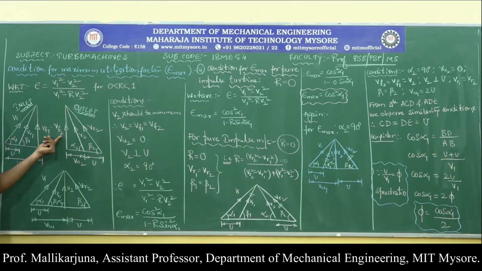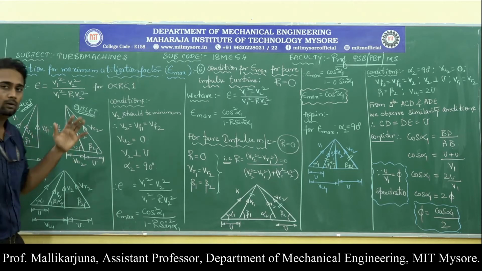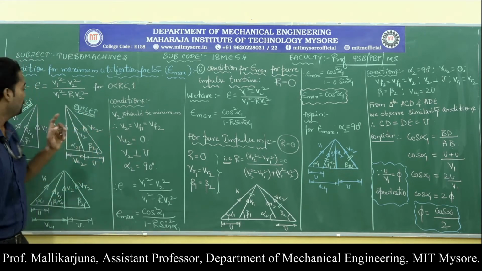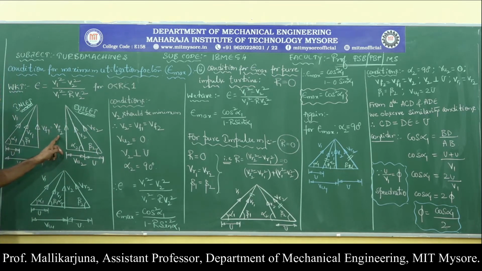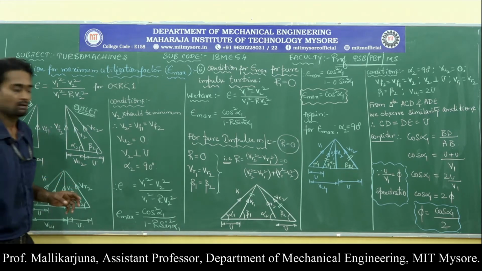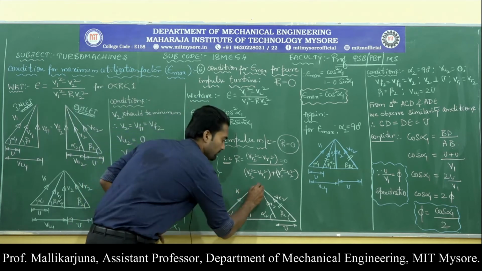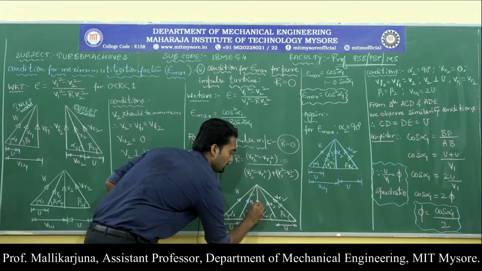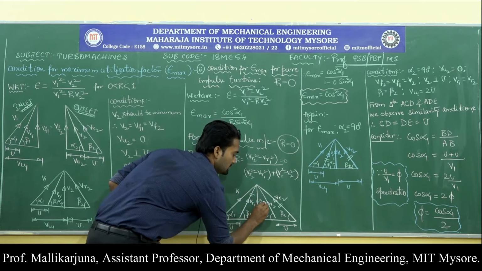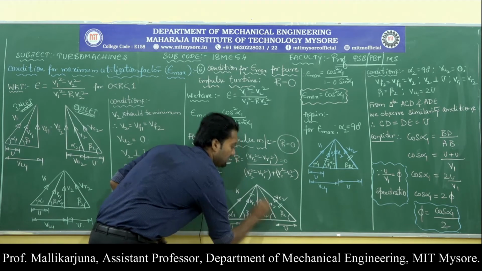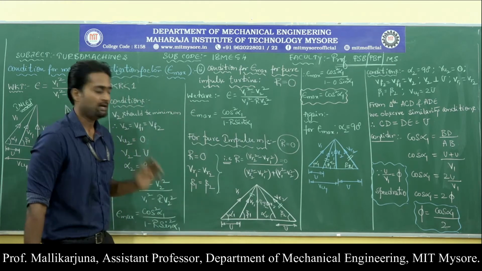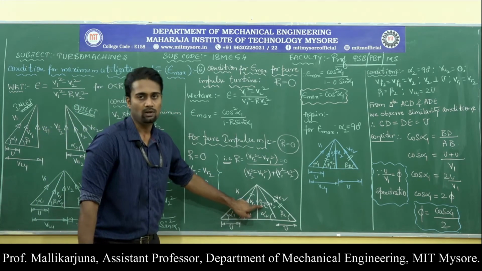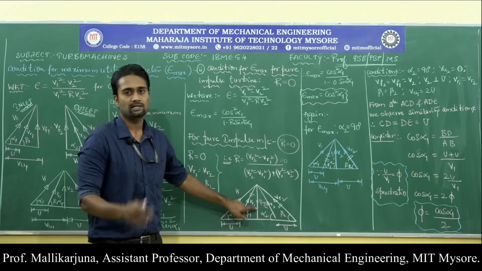So it is possible to merge the inlet as well as outlet velocity triangles. It is understood that a perpendicular line is there in between, which is nothing but Vf1, equal to Vf2. If you do not write this, it is okay.